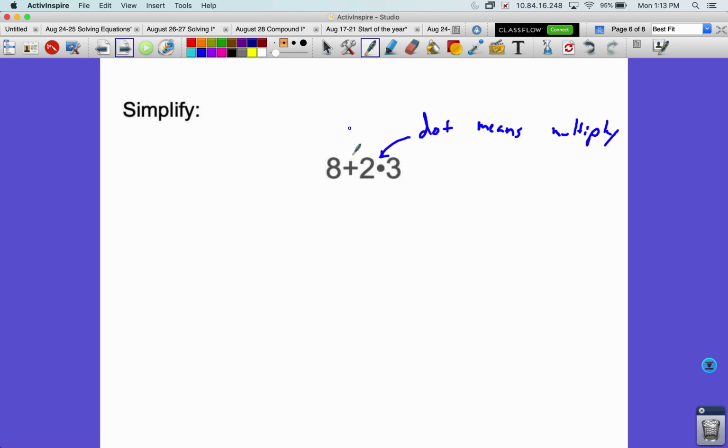All right, so I've got two operations here, an addition and a multiplication. Which one goes first? Well, not the addition, even though it's the one the furthest to the left. We're going to go out of order here. We're going to do the multiplication first. 2 times 3 comes together and becomes a 6. Now I've got 8 plus 6. Add these together and we get a 14.